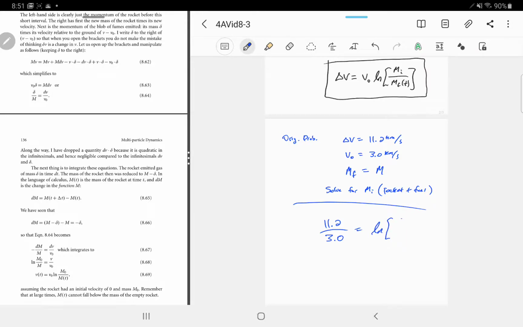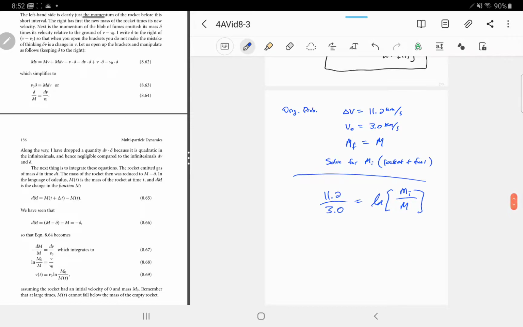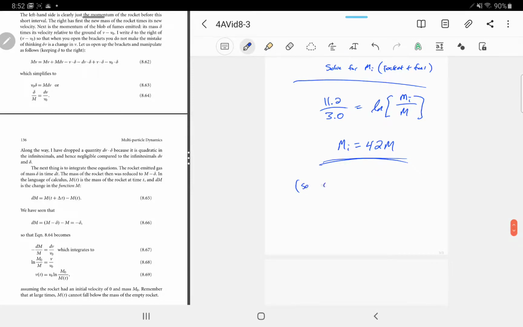Equals log of m initial divided by m. So m is a parameter that we're allowed to use in our answer. M initial is what we're solving for. So if I do 11.2 divided by 3, and then e to that power, e to the 3 point something power, I get m initial is 42 times m. Huge. So the rocket plus fuel is 42m, so I need 41m fuel to get this rocket up to the escape velocity.